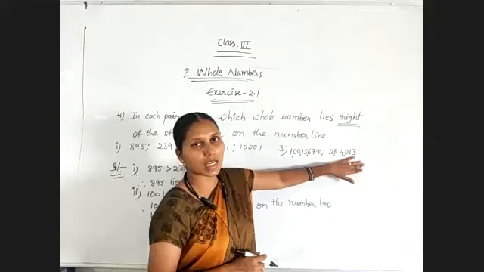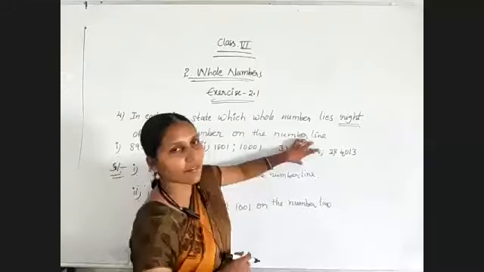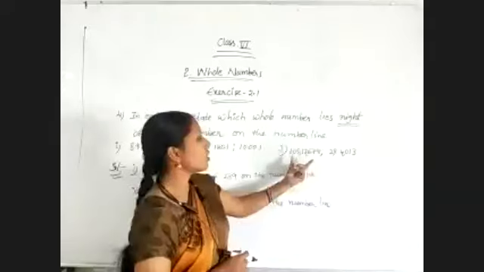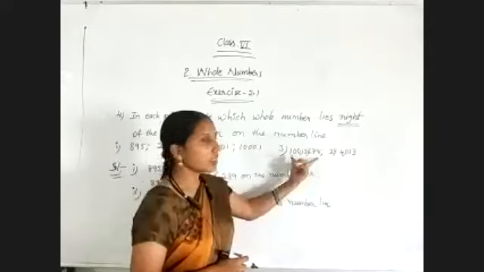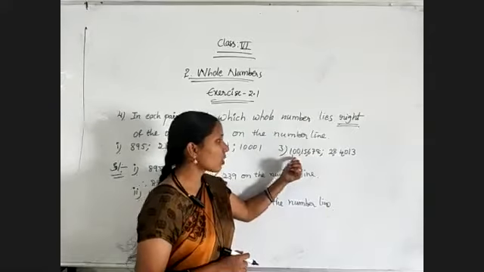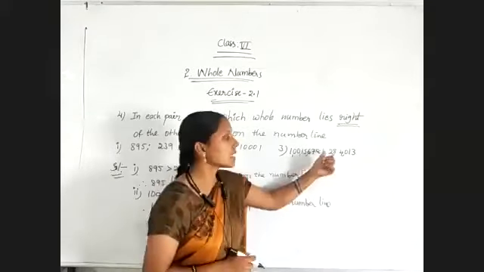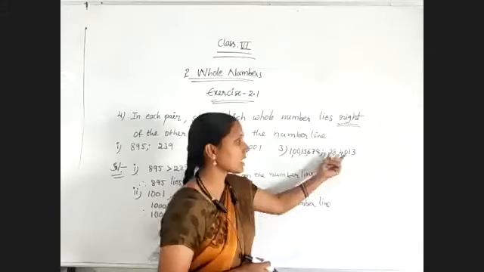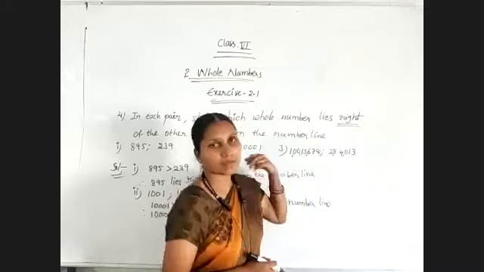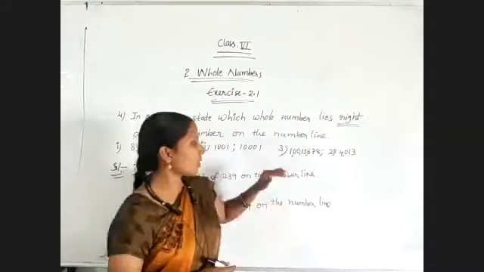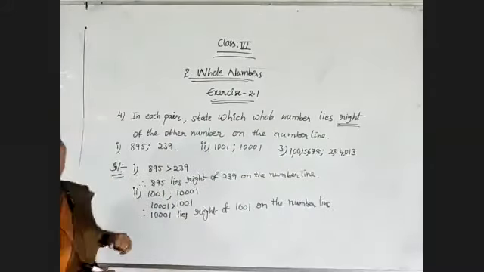As we know, the number which has more digits is the greatest number. So this one is greater. That means 1,15,678 lies right of 2,84,013. Okay, so like this only write that question.